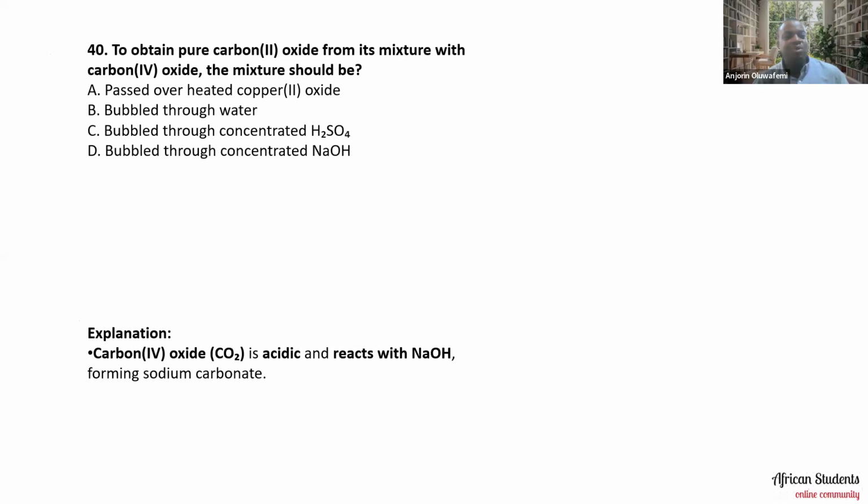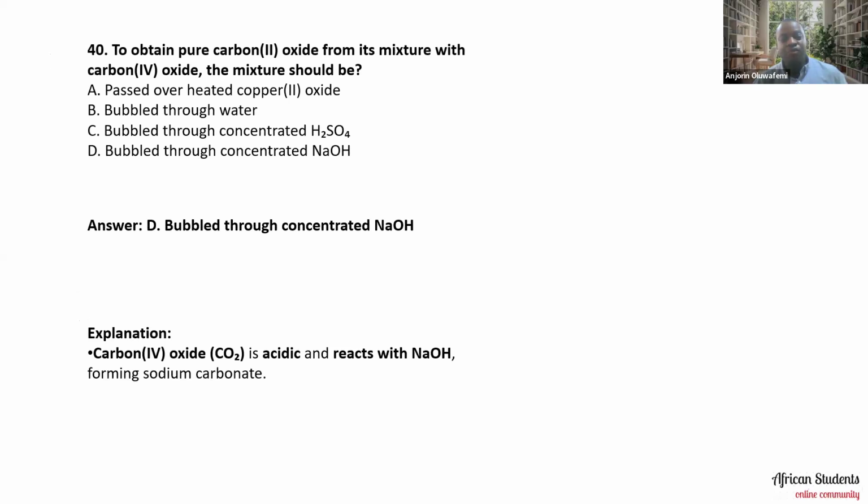To obtain pure carbon(II) oxide from its mixture with carbon(IV) oxide, the mixture should be A, passed over heated copper(II) oxide, B, bubbled through water, C, bubbled through concentrated H2SO4, or D, bubbled through concentrated NaOH. And the answer is D. It should be bubbled through concentrated NaOH.